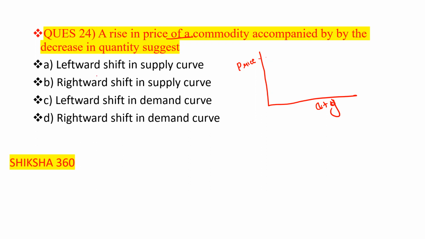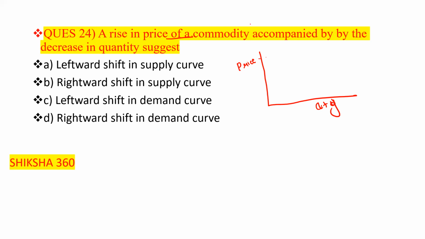So what does it mean? If there is a rise in price, there is a decrease in the quantity. The options are: leftward shift in the supply curve, rightward shift in the supply curve, leftward shift in the demand curve, and rightward shift in the demand curve. What is the correct answer here?